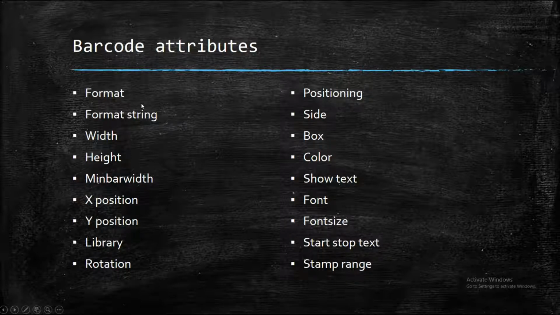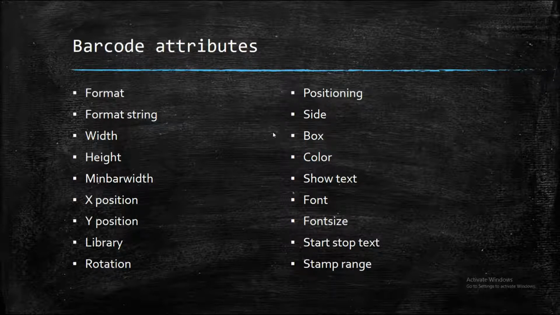For example, we've seen format string all over the place. We've seen height and width, X and Y position, font size, color, side, box. All of these things are used all over the place, and they work and function and mean the exact same thing no matter what element you're dealing with, whether it's a text stamp, an image stamp, a barcode, or an iMark. All of these things work the same.